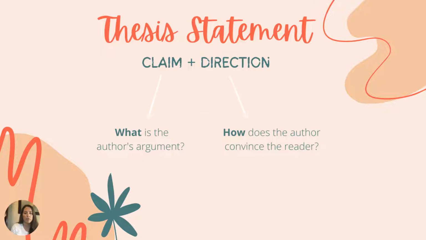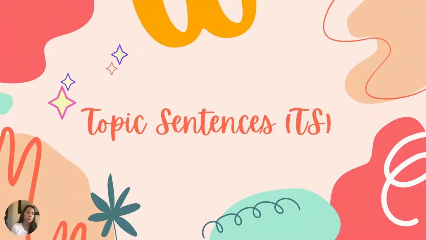A brief note on the how aspect is you want to consider the larger moves the author makes. Again, you can consider the evidence, the types of stories they tell, reoccurring ideas, or perhaps important style elements. And the reason why you want these to be the larger moves is because you become much more specific in the topic sentences of your body paragraphs.